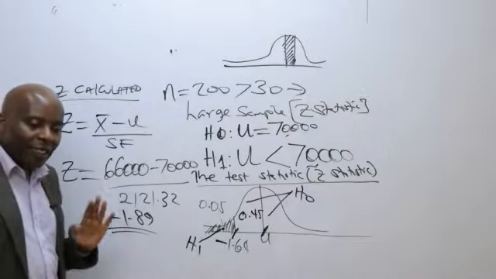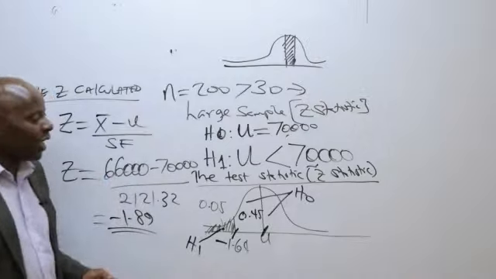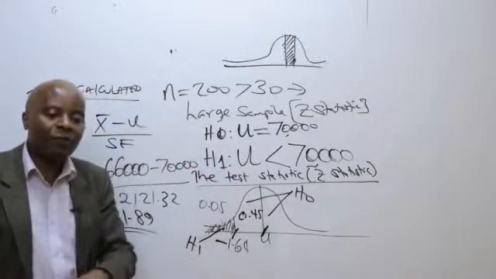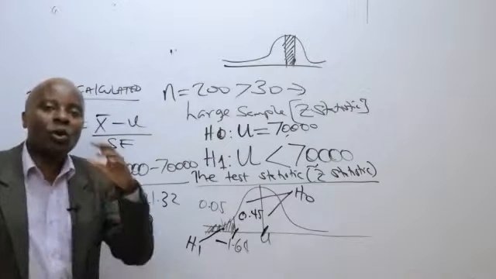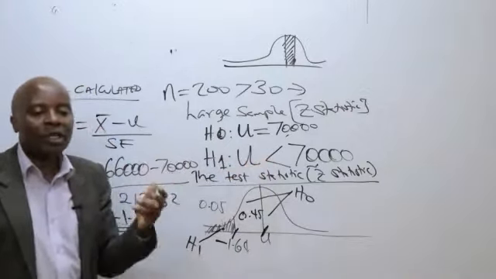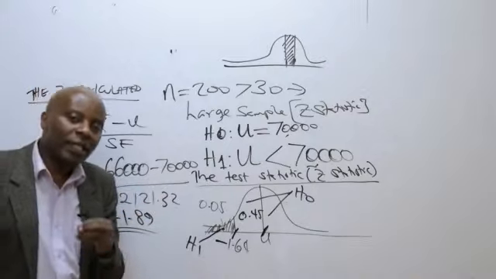And if we are accepting H1, what are we saying? That this lady who was saying that this system is not effective was right. The lady who was saying that the system is not effective, less than 70,000 receipt is what we will be getting, then the lady is correct.